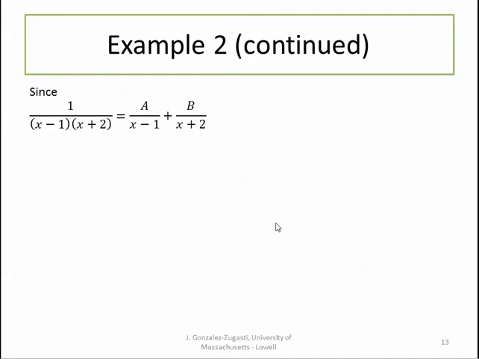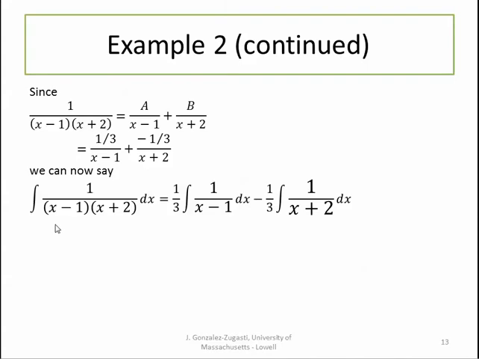All right, so we just found values for A and B, so we go ahead and put them back into this equation. And now we've done our partial fraction decomposition for our rational function. So now we can go ahead and integrate. We can now say that the integral of 1 over (x - 1)(x + 2) is equal to the integral of 1/3 times 1 over x minus 1, minus 1/3 times the integral of 1 over x plus 2.